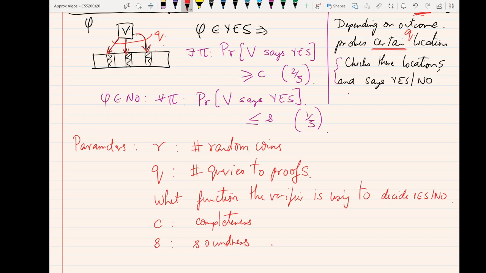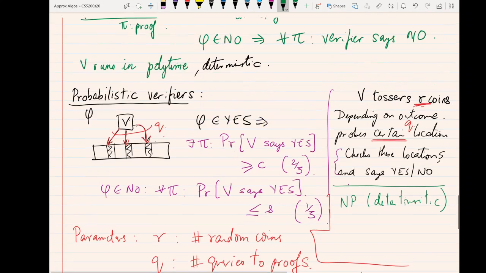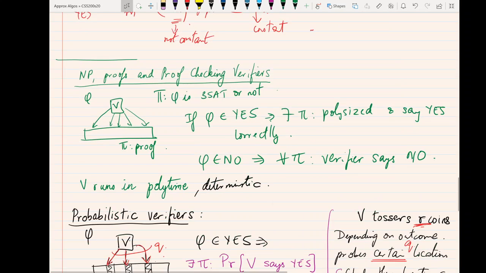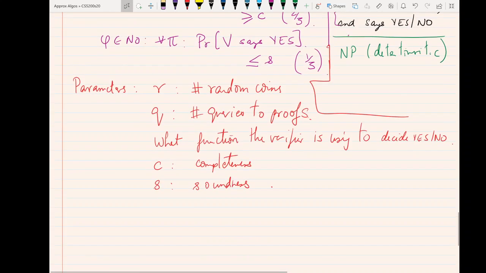Now clearly, if you go back to the previous definition of NP in the deterministic world, you will see that it corresponds to each of these parameters being something in particular. You'll find that NP, the deterministic definition given above, is equivalent to R being of order log n, where n is the size of the instance, Q being again the size of the proof, in fact R is close to 0.